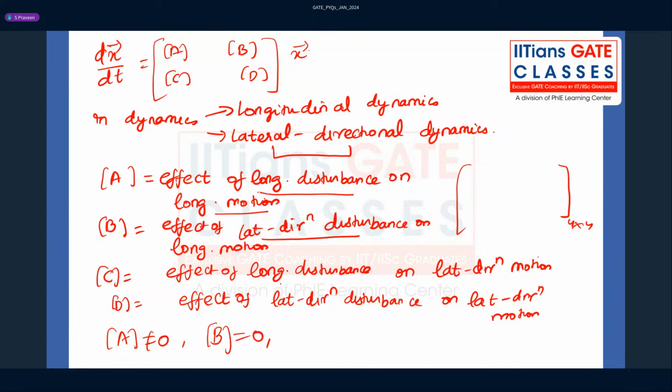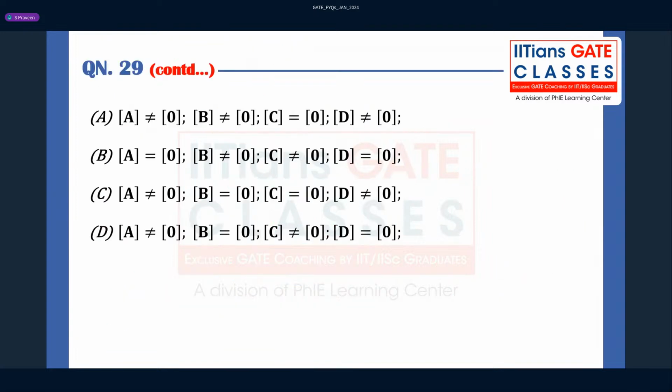And the same goes for C. Any change in longitudinal disturbance does not affect the lateral directional motion because your longitudinal is decoupled from the lateral directional. And your lateral directional disturbance, of course, affects the lateral directional motion. Hence, your D cannot be equal to zero. So if you go back, the option that matches this is option C, right? So you can mark that.